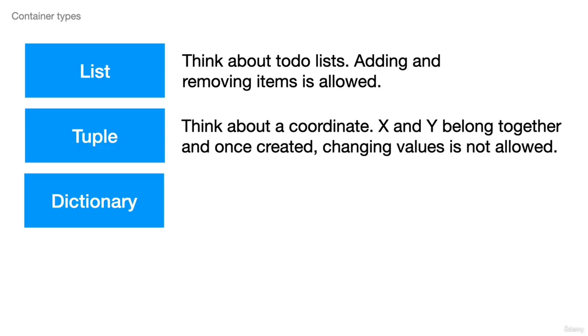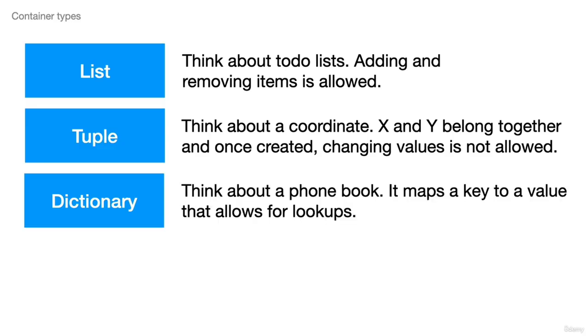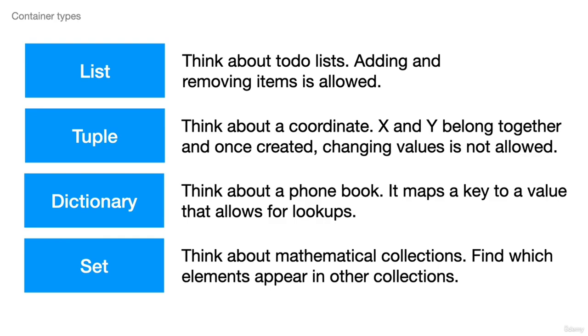Dictionaries map keys to values. Think about a phone book. An important feature of dictionaries is looking up values. Finally, we look at sets. Perhaps you remember these from math class. Sets allow you to find which elements appear in other collections.